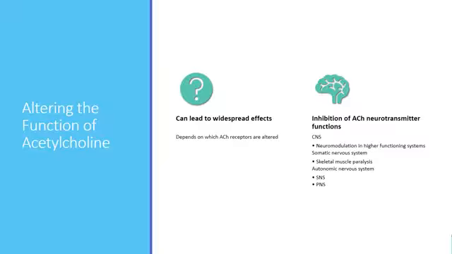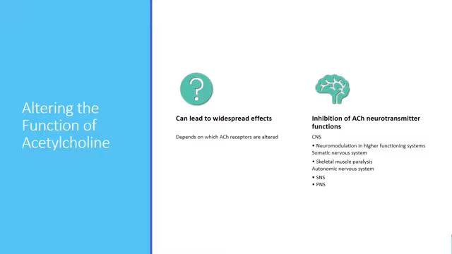If we look at inhibiting acetylcholine transmitter functions within the central nervous system, it's going to alter some of the higher functioning systems. If we inhibit acetylcholine within the skeletal muscle, that's going to cause paralysis.